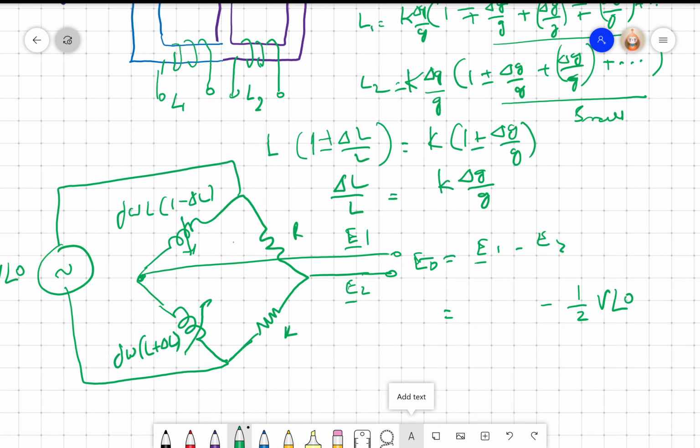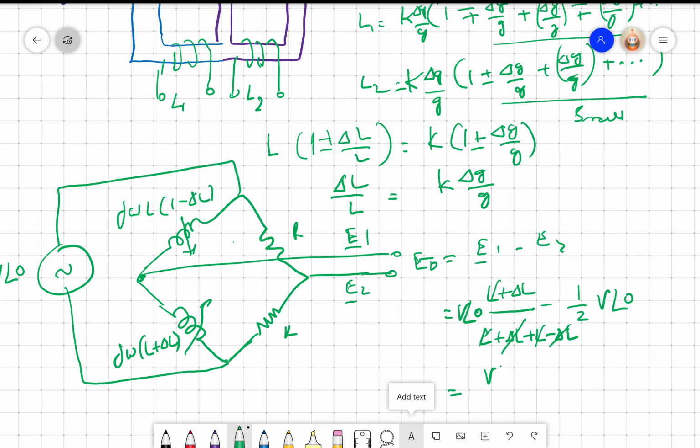E1 would be V angle 0 into L plus delta L divided by L plus delta L plus L minus delta L, right? So this impedance divided by the total impedance into the voltage. So plus delta L minus delta L cancels out.